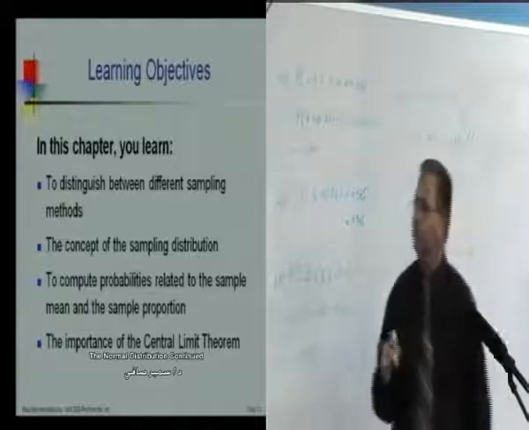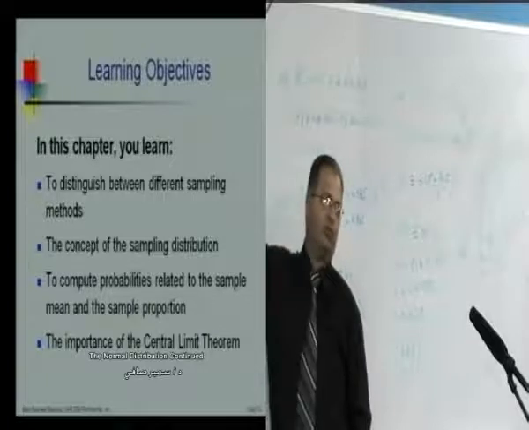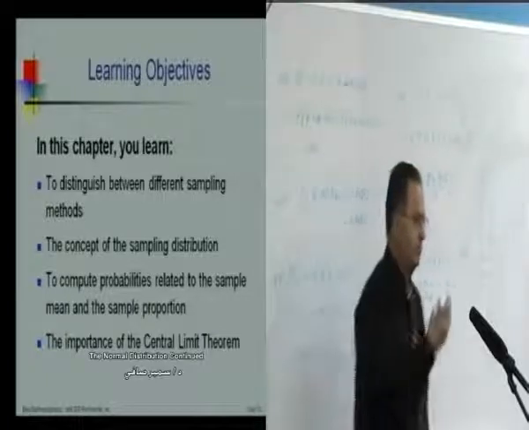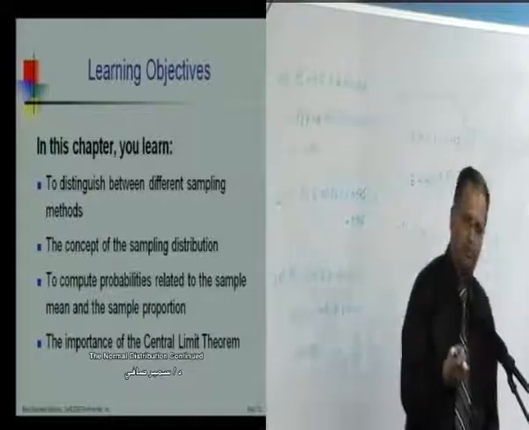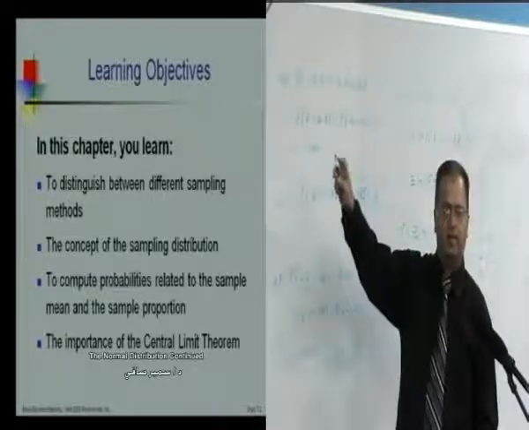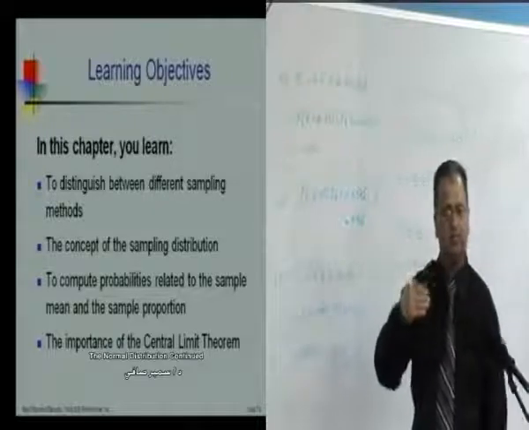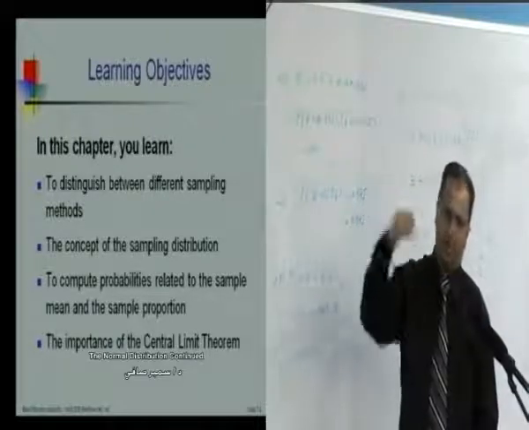Otherwise, you cannot do any problems here, because it will depend on how we can find the probabilities underneath the normal table. But instead of x, in this case we have the sample mean x bar. So that's the difference between chapter 6 and the next chapter.